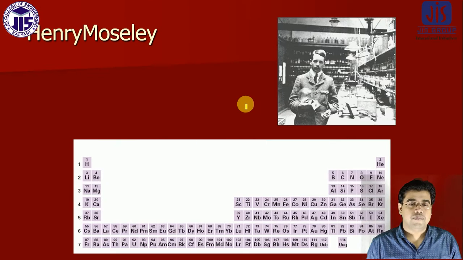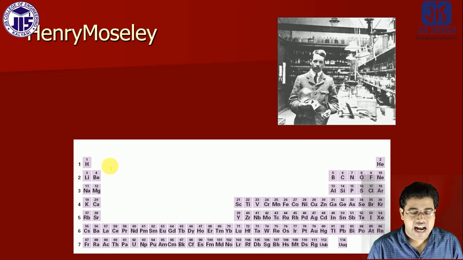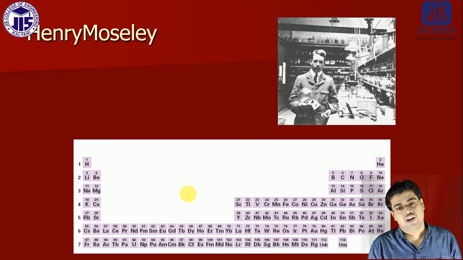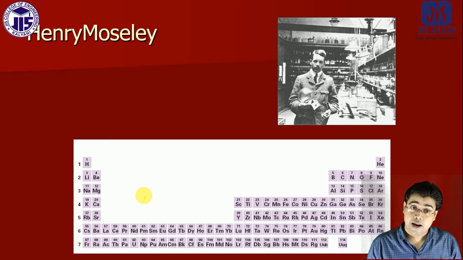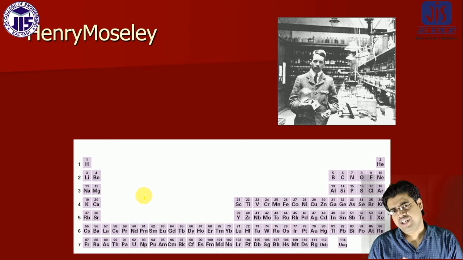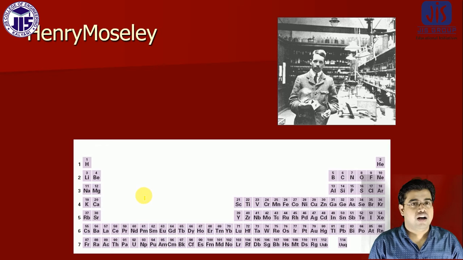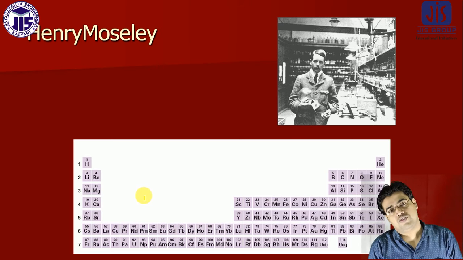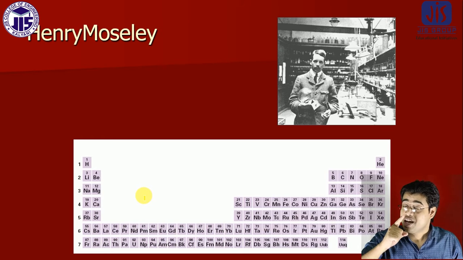Then he showed that all the elements' periodic properties are according to their atomic number, not atomic mass. Students, you have to keep in mind very carefully that up to Mendeleev's periodic table, the periodic properties were taken according to atomic mass.